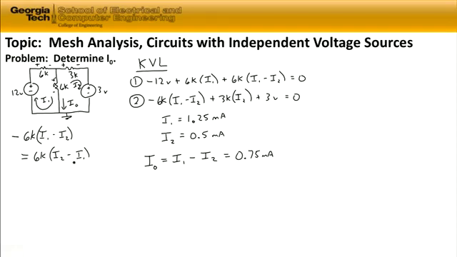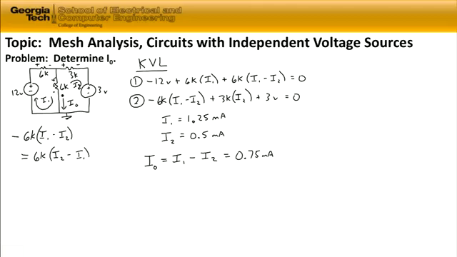It's the same expression as the minus 6K (I1 minus I2). So in future problems, we're not going to add up the negative of this voltage drop like we did here for equation 2. We're going to express it as we see down here, the equivalent form, just an easier way to remember how to solve these problems.